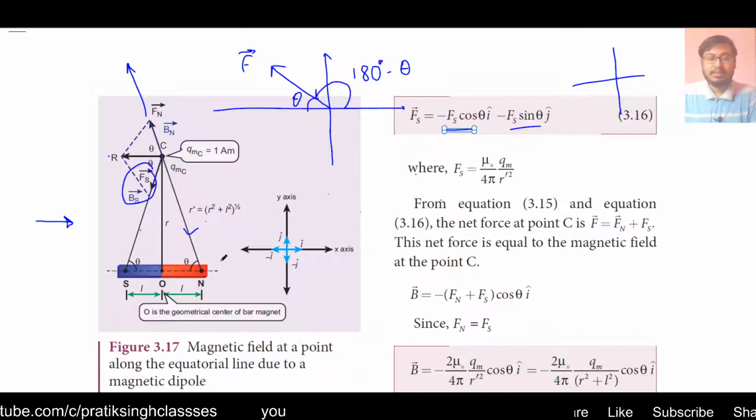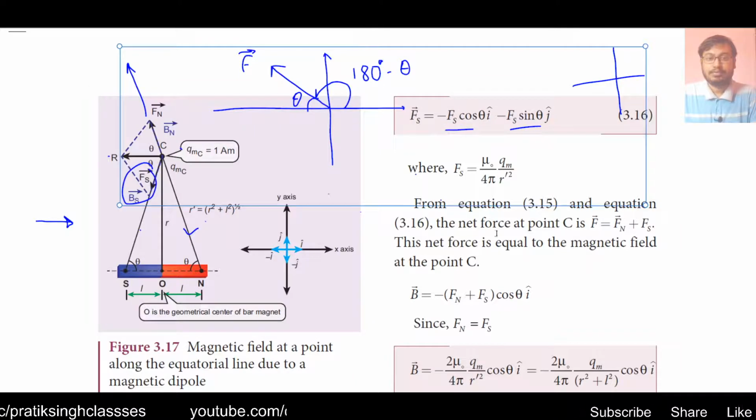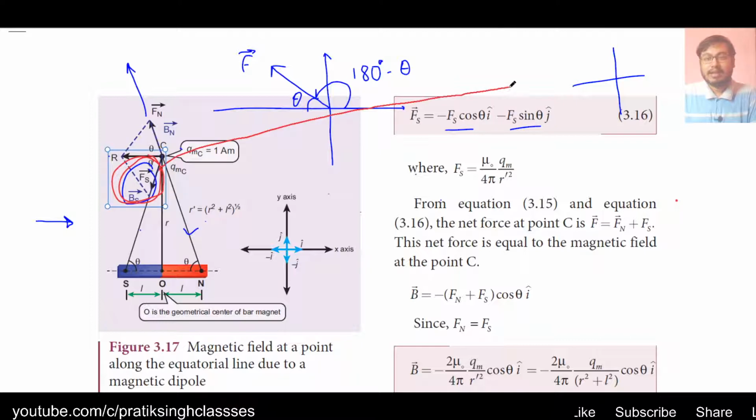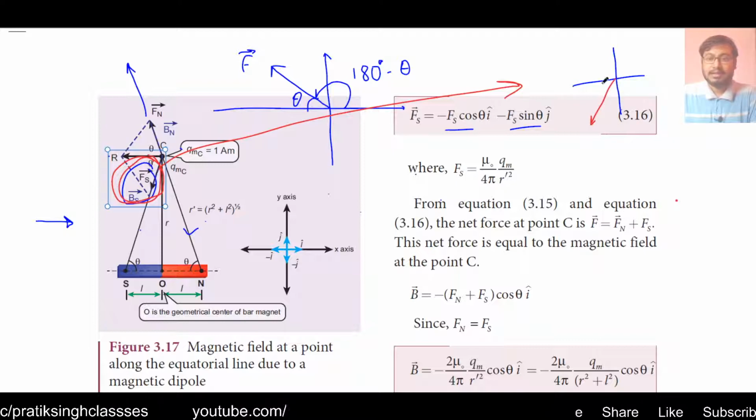Let me change the color of the pen for clear visualization. One minute. So this Fs will be like this way, lying in the third quadrant, and the angle here is theta.